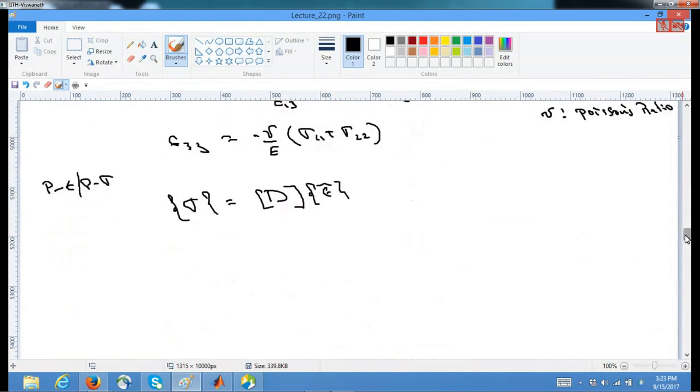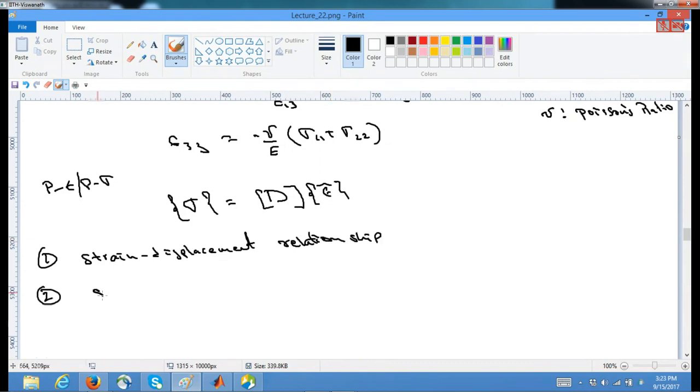We have obtained the first thing, the strain displacement relationship, and the stress strain relationship.